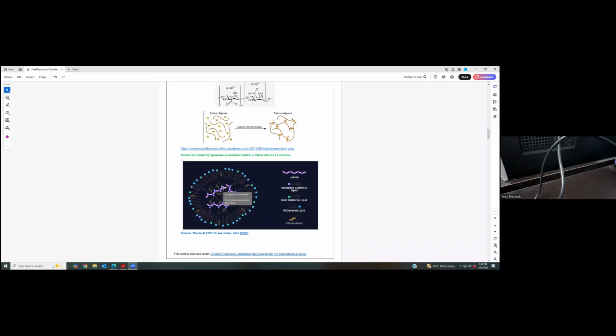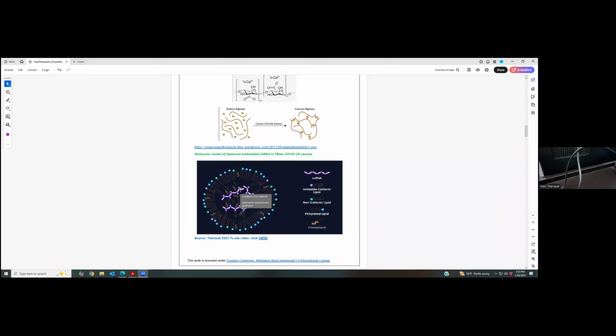You have here the negatively charged mRNA, and there is an ionizable cationic lipid that binds to these phosphate groups. This forms the core. And then the surrounding is a layer of non-cationic lipid, pegylated lipid, and cholesterol, which actually is driven by hydrophobic interaction, right?